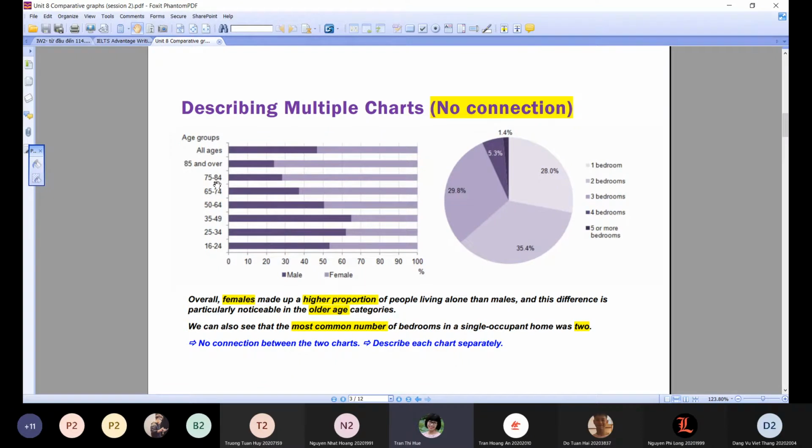You can see that a much higher proportion of people living alone is females, right? Can you see that very clearly? Good. And the most common number of bedrooms in a single occupant home was 2, with 35.4%.